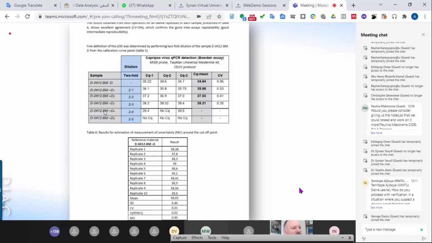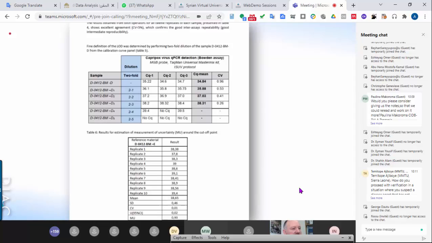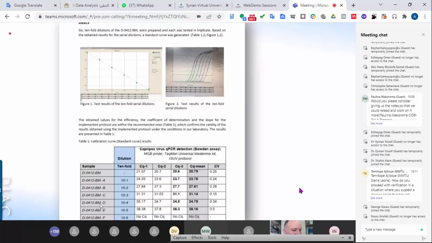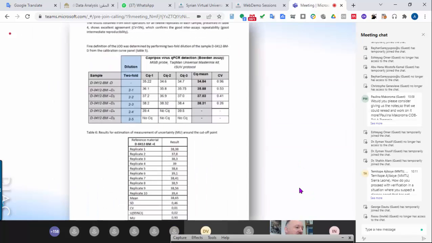Then the next would be to define, as I said, a finer definition of the limit of detection. I can go back just a bit. You see here, I said you take one dilution step before the provisional cutoff, and you take this sample and then dilute and perform twofold dilutions if you would like a more precise definition of the limit of detection.